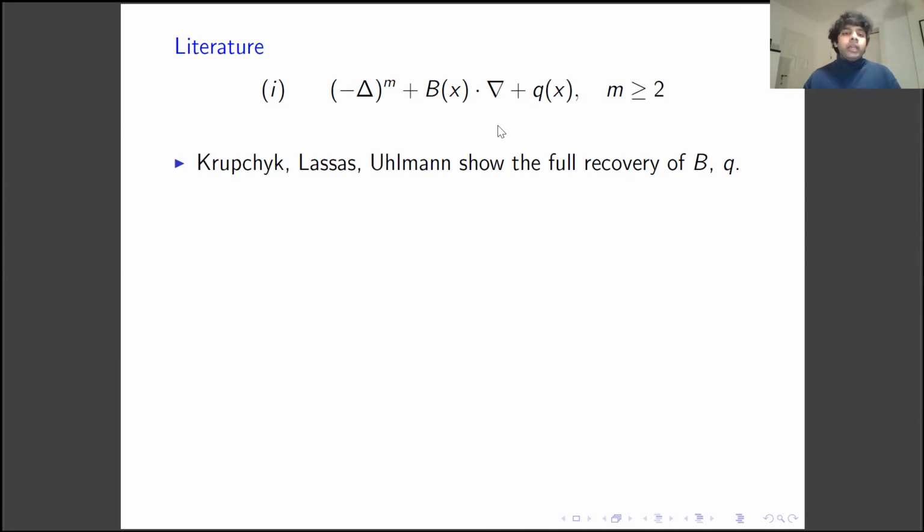But then we looked into a different aspect. We have only zeroth and first order. So if we add a little bit more as a perturbation term of the leading polyharmonic operator, can we recover those perturbation terms? That means we are interested in higher order perturbation, where higher order means higher than 1.